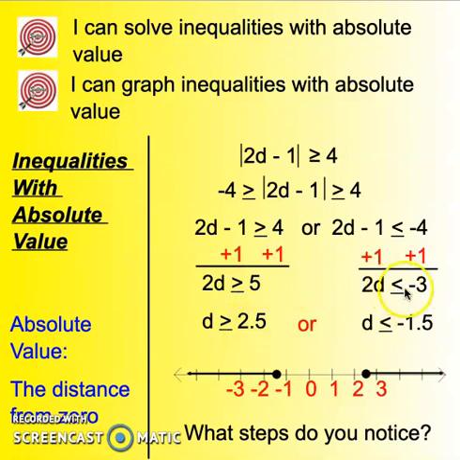And then on this side, we get negative 3 halves, or negative 1.5. And when we plot these, they're both greater than or equal to. Notice they have a line under both of them, and so we need a closed dot. And then when we graph the solutions, this says greater than, so I need to go off into the positives to the right.